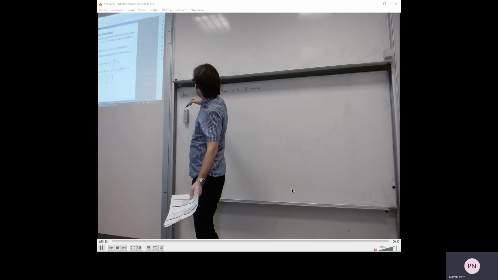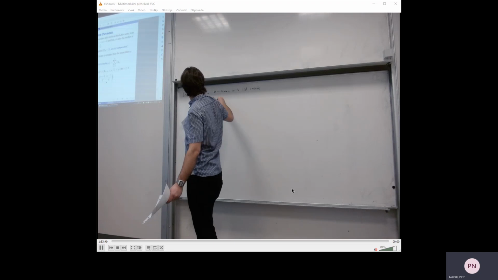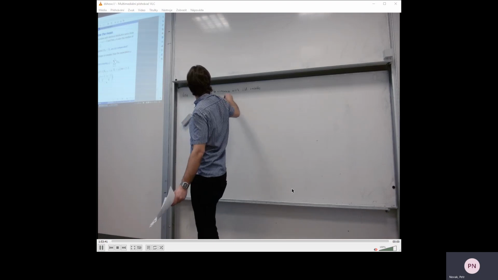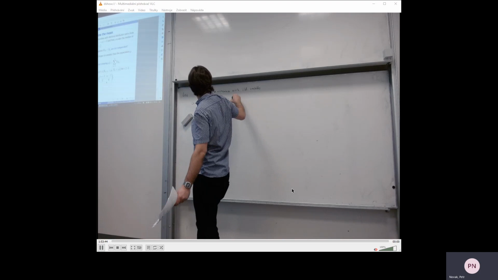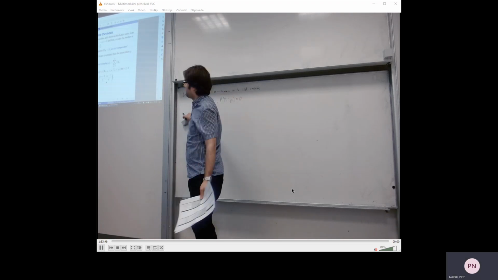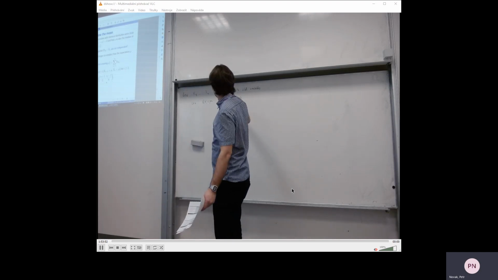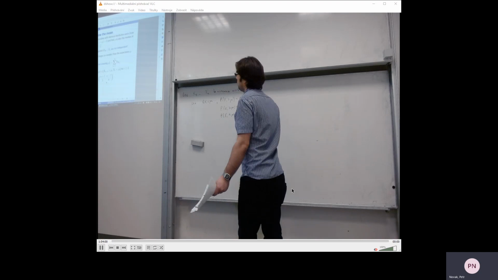And suppose that the expectation is mu, the probability that the variables are equal to mu is 0, and the variables are symmetric. Probability that xi is larger than mu is 1/2, and probability that xi is less than mu is also 1/2.